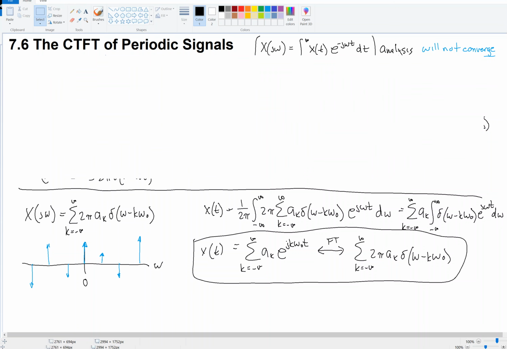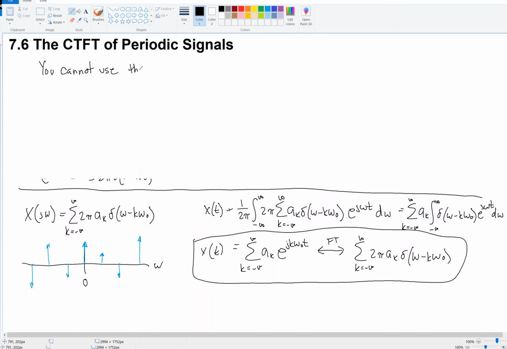Well, I'm going to write it out, actually. That means the following. First of all, let me just be concrete again here and speak to you bluntly: you cannot use the analysis equation to find the Fourier transform of a periodic signal.